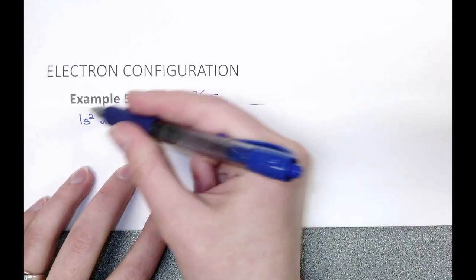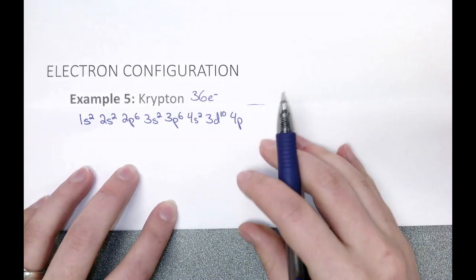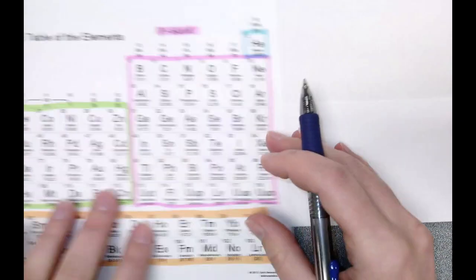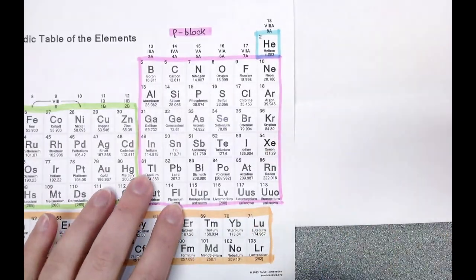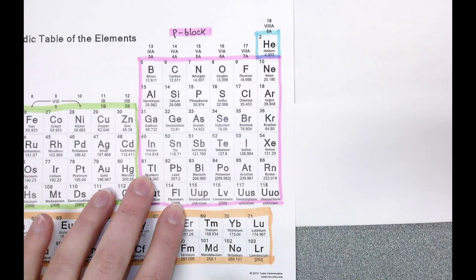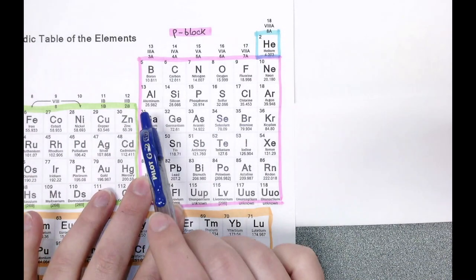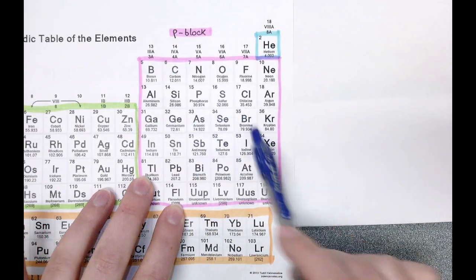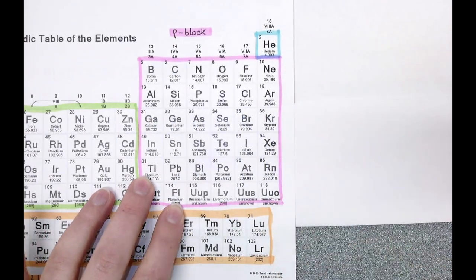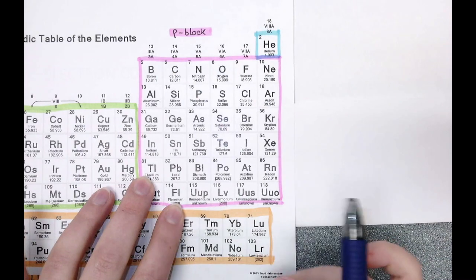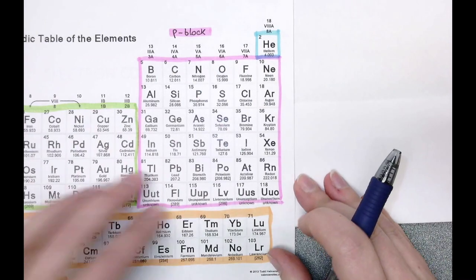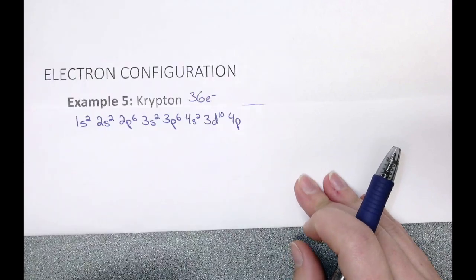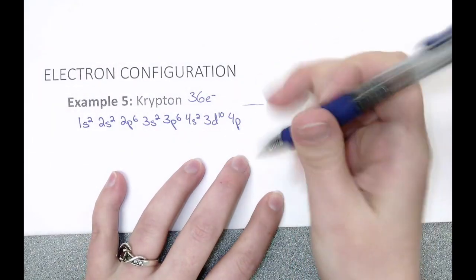You can add up and figure out how many electrons you have so far, or we can look at the periodic table and figure out how many columns in krypton is. So 1, 2, 3, 4, 5, 6. Krypton is in the 6th column of the p block, so there's going to be 6 electrons in its 4p orbital. So we'd write 4p6.